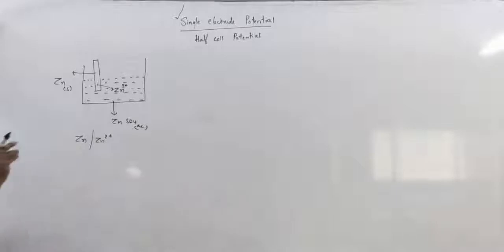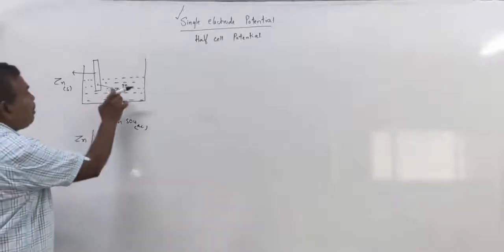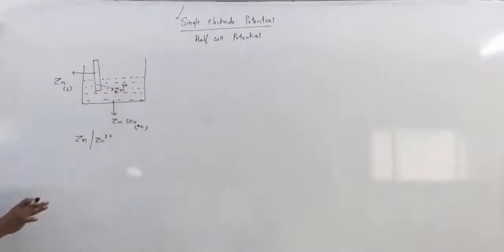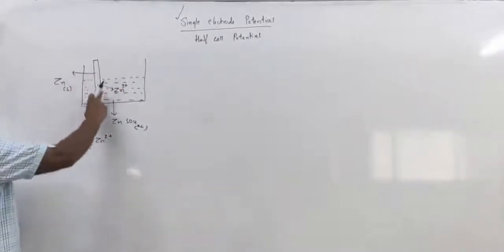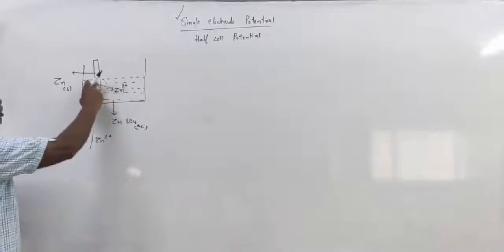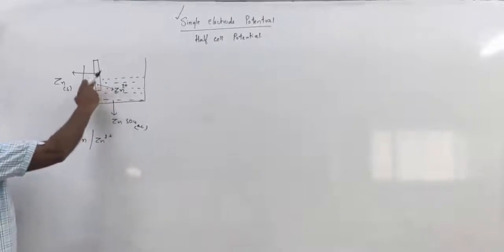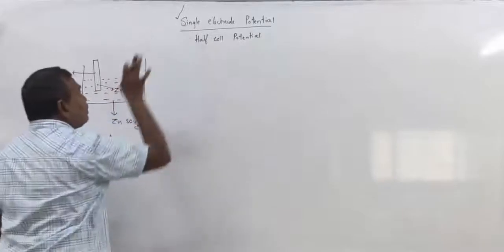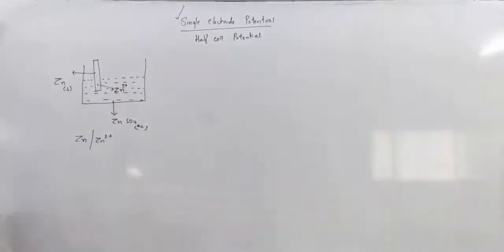So due to continuous collisions of Zn2+ ions on the surface of the zinc rod, potential is developed between the two phases. That potential developed between the two phases is called single electrode potential or half cell potential.